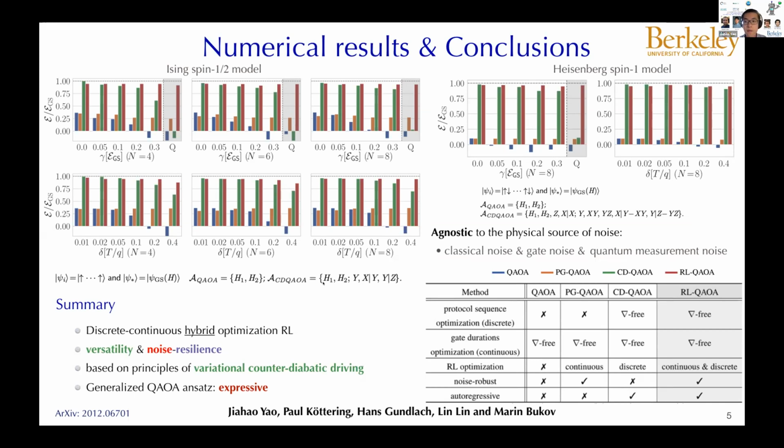And then our ansatz is based on the principle of variational counterdiabatic driving, which is not just selecting a different kind of gate, but the gate actually has some physical intuition inside. And lastly, our generalized QAOA ansatz can be expressed in terms of the quantum computation problem. Yeah, thanks for listening.